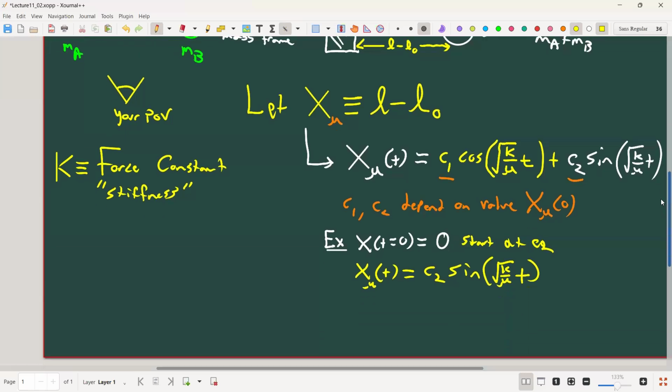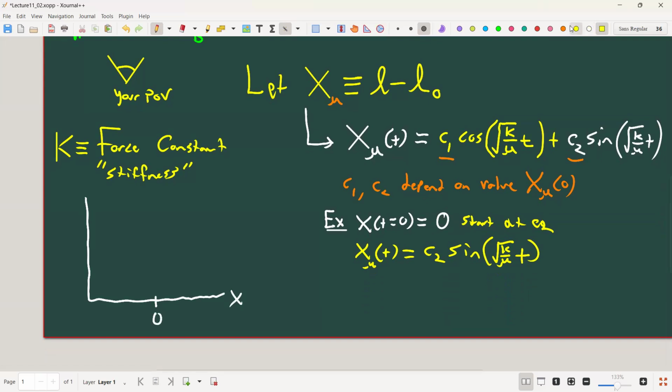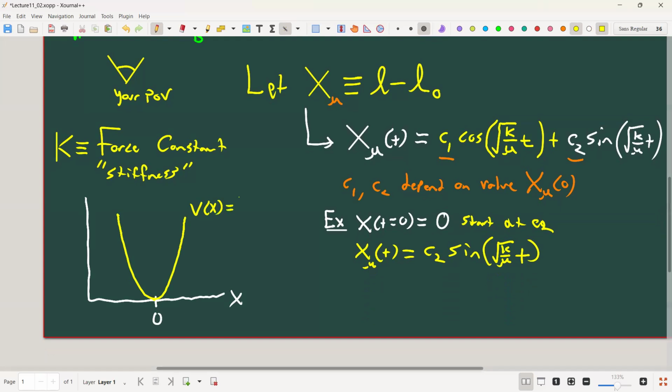What we saw at the end of class is that if we plot the position of the mass relative to the potential energy curve of the spring, V of x, which is 1/2 k x squared, it's just a parabola. That means to double the length of the spring, you have to put in 4 times as much energy.